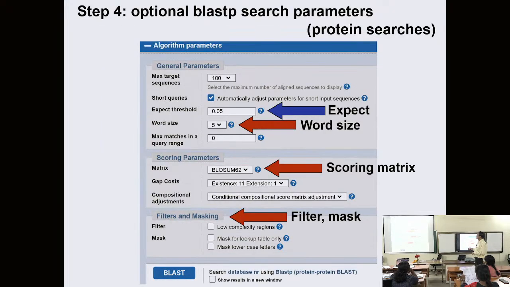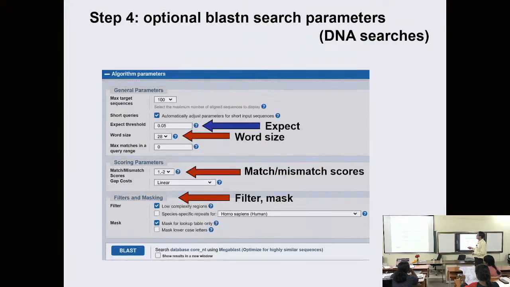This was for protein BLAST, BLASTP, and this is for BLASTN. It's similar, except for the match and mismatch scores, because BLOSUM and PAM matrices are used for protein alignment. For DNA, the values are +1 for a match and -2 for a mismatch. I think this is a standard, but you will see some options that you may want to select.